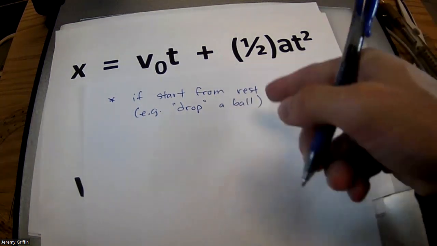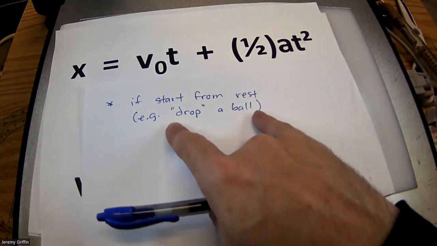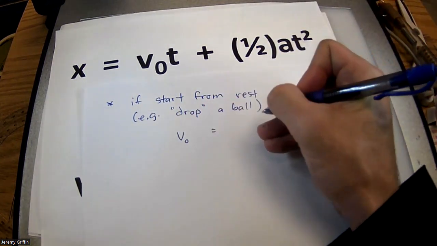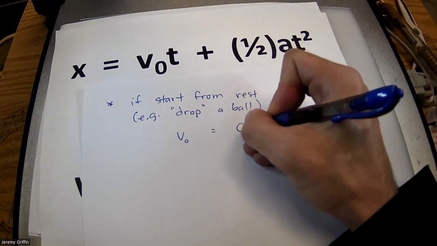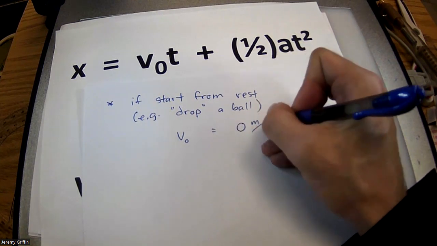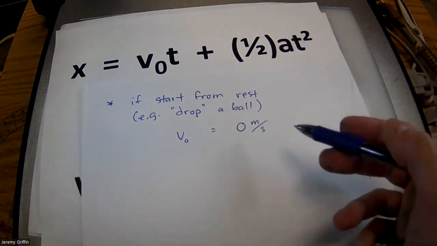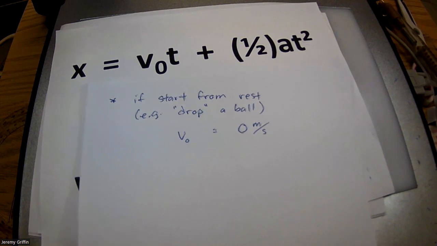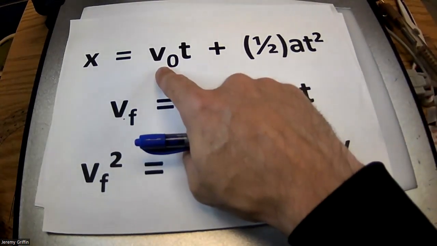What variable am I telling you if you see either of those phrases? It means initial velocity is equal to what? Zero, right? Isn't initial velocity going to be just 0 meters per second? I wonder how these formulas are going to simplify if this v naught goes to 0.